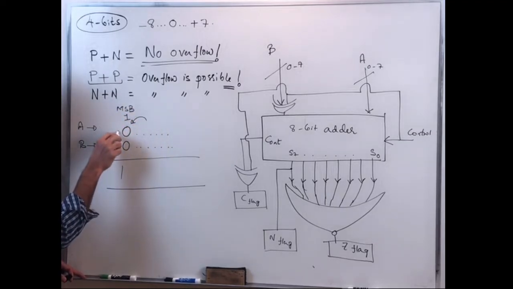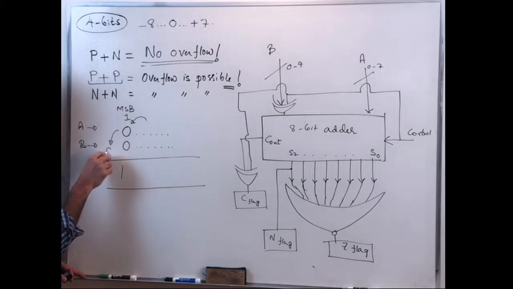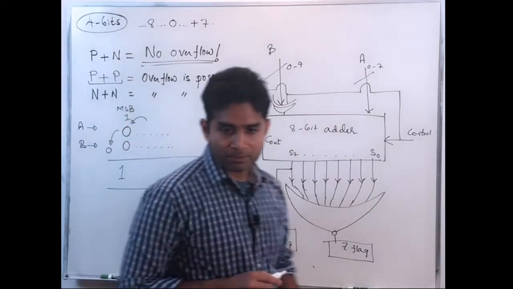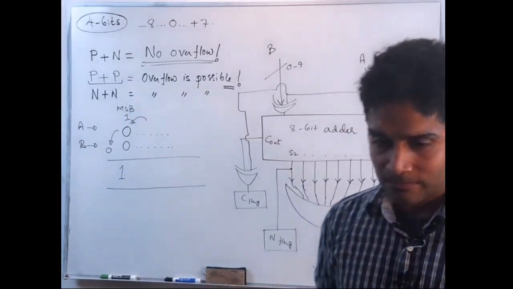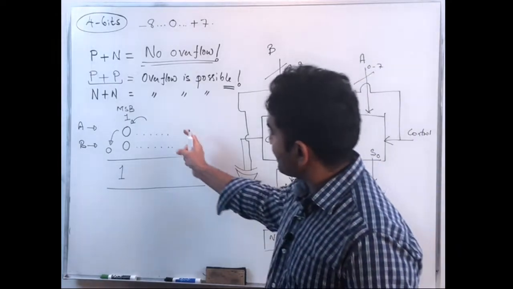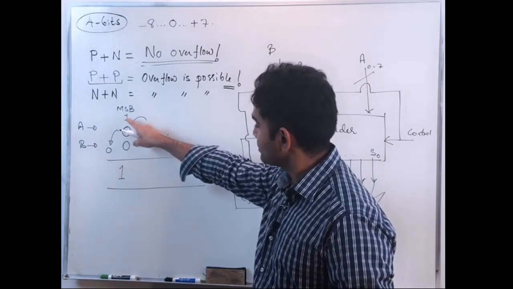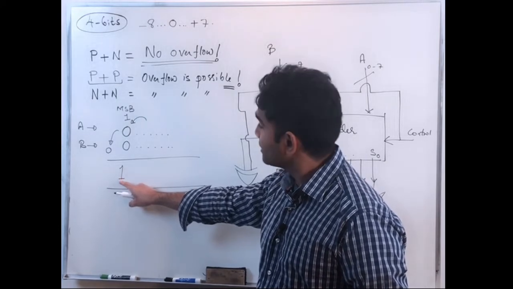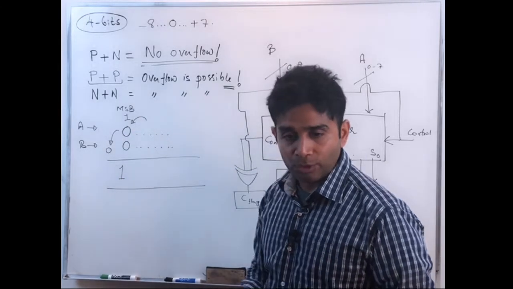Of course, the carry out from the most significant bit position should be a 0. Only under these circumstances will I get a 1. Does it make sense? So the carry into the most significant bit position should be a 1, which will give me a 1 in the most significant bit position when I'm adding 2 positive numbers together.